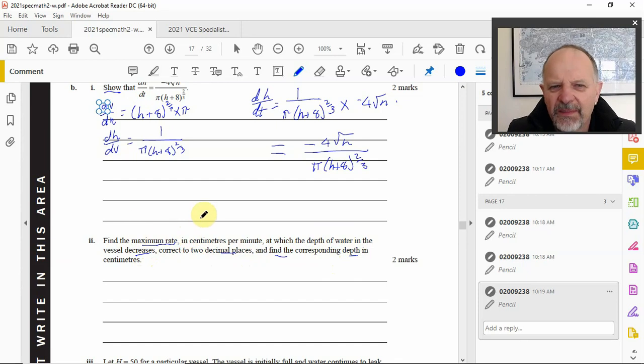Initially it talks about the maximum rate. Well, we know what the rate is. Here's our rate. And so we want to know when that is.